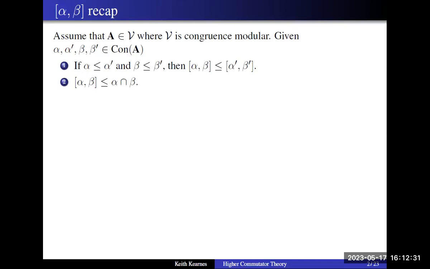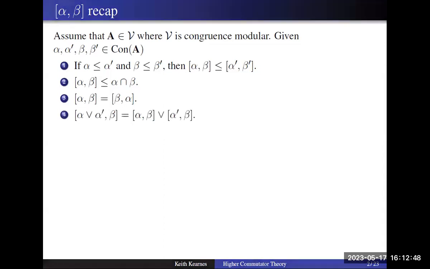So we say it's a sub-multiplicative binary operation on the congruence lattice. It's symmetric. Okay, this is in the congruence modular setting. It's not always symmetric in pathological settings, but I will say it's additive.